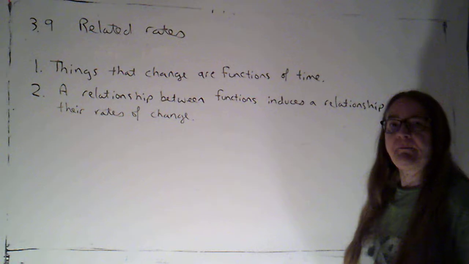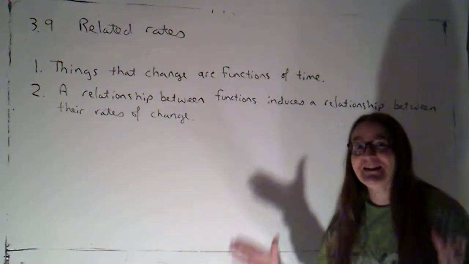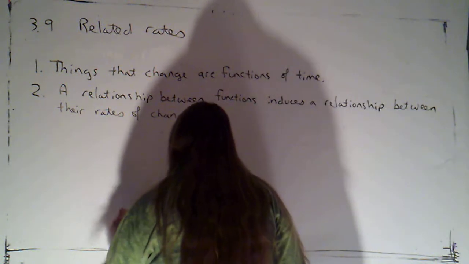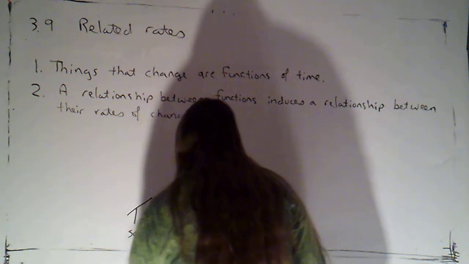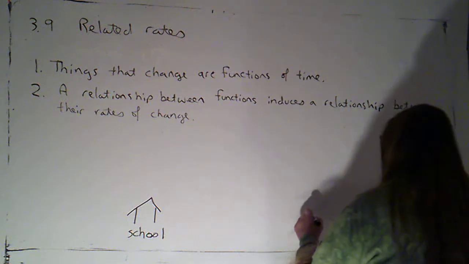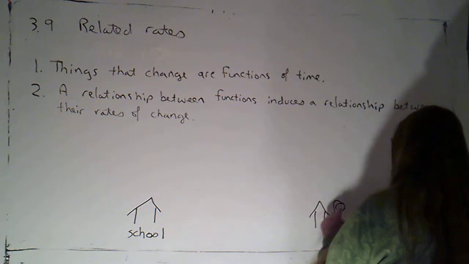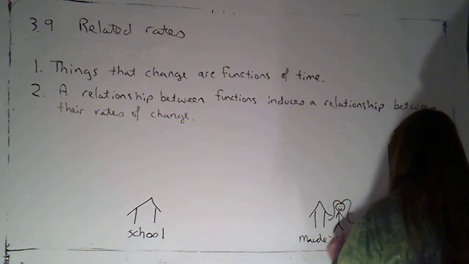So here's the example I want to take a look at. We're going to suppose that the pandemic is over and that we're actually allowed to go to this physical place called school. Okay. And we've got two friends. This is going to be Maude's house over here, so I'll draw in Maude. She's so happy that she can go to school. Okay, she's as big as her house too. So this is Maude's house.